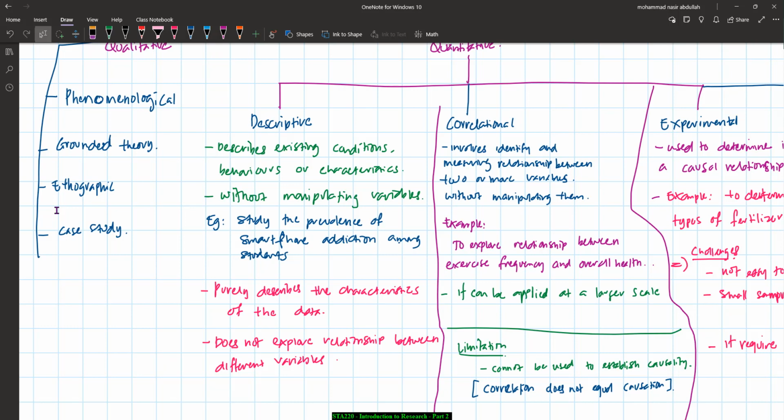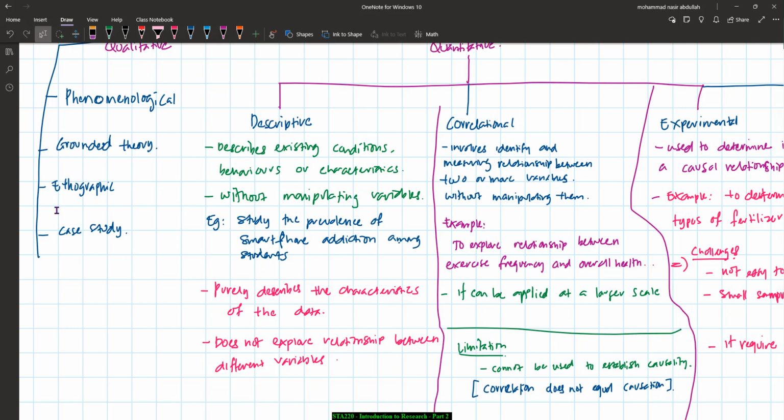Right, we study over time, maybe from the masa dia baru, say for a business, since dia baru set up the company until 5 years ahead, ataupun 10 years ahead. Kita nak tengok perkembangan business tu, apa yang dia buat. Kita based on the case study. Okay, so the disadvantage: case study cannot generalize the finding to the broader population lah. It's just a very small view of the study.